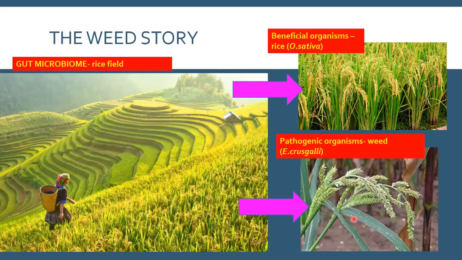For example, in rice fields, we have this weed called Echinochloa crus-galli. They actually look like rice grains, but they grow in rice fields, and I represent it as the pathogenic organism. So our goal is to grow these beneficial microorganisms, the rice, and suppress the growth of these pathogenic organisms, or the weed.